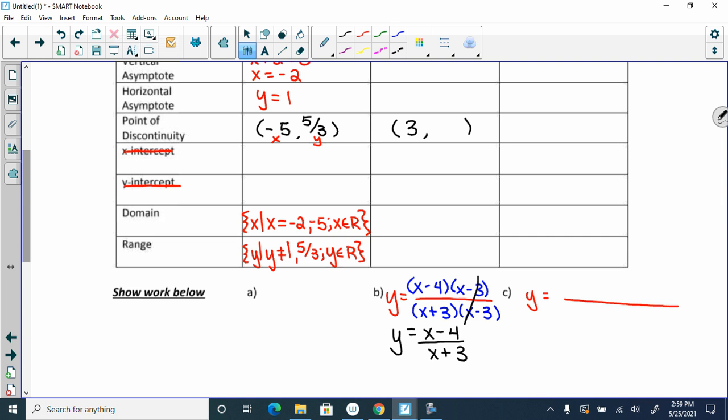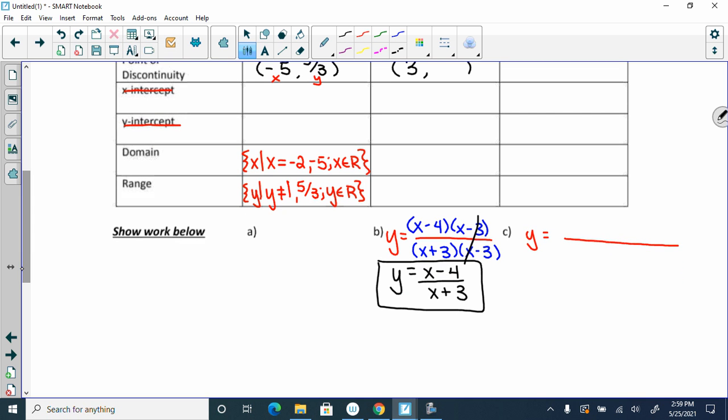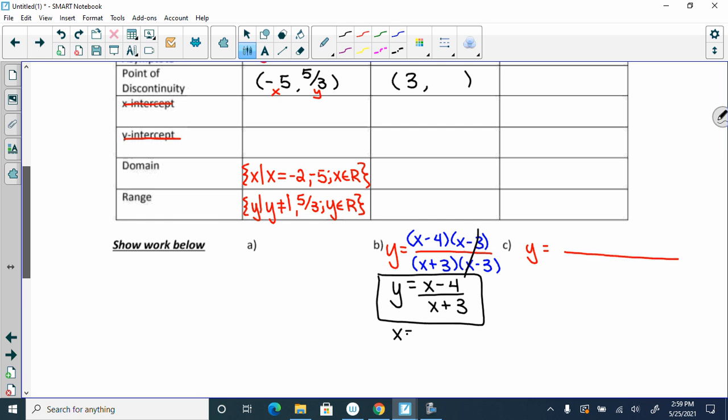This is the equation that's left over, right? I'm going to get the y of the point of discontinuity by plugging in x equals 3 into the simplified. So I get y equals 3 minus 4 over 3 plus 3. So it equals negative 1 over 6. So this is negative 1 over 6.